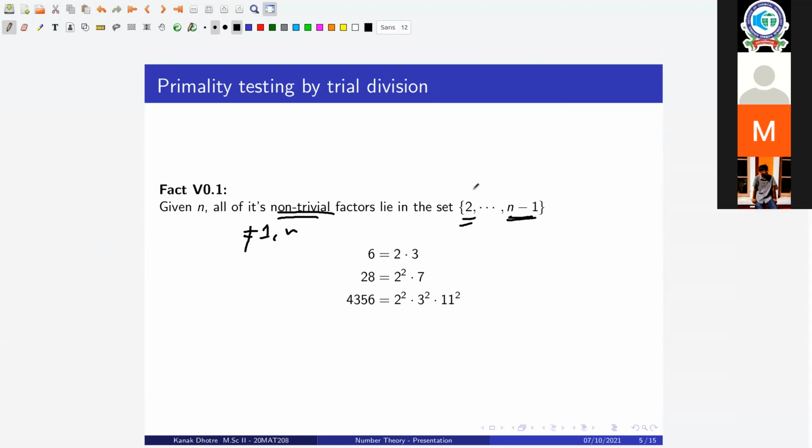So what I can do is pick every element in this list and check if it divides n. If it does, I'll append it to some empty list. And whenever the count goes greater than 0, since we're not including 1 and the number itself, I just break out of the loop and declare the number is not prime.